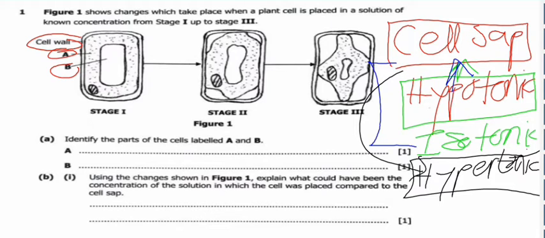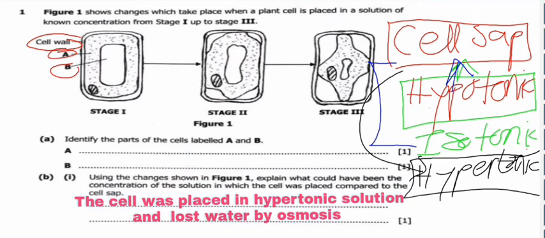Because when a plant cell is placed in a hypertonic solution, it is going to lose water by osmosis, and when it is placed in a hypotonic solution, it is going to gain water by osmosis. So the explanation here is: the cell was placed in a hypertonic solution and it lost water by osmosis.